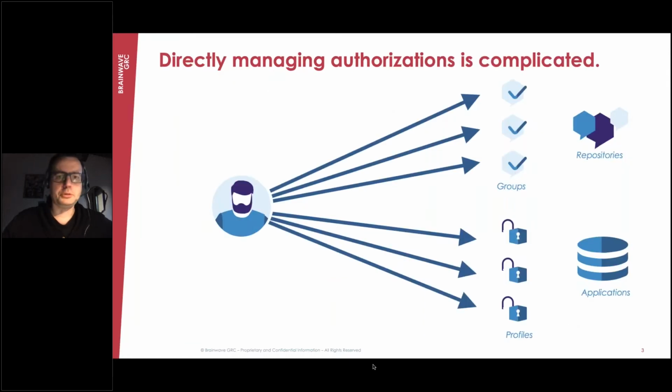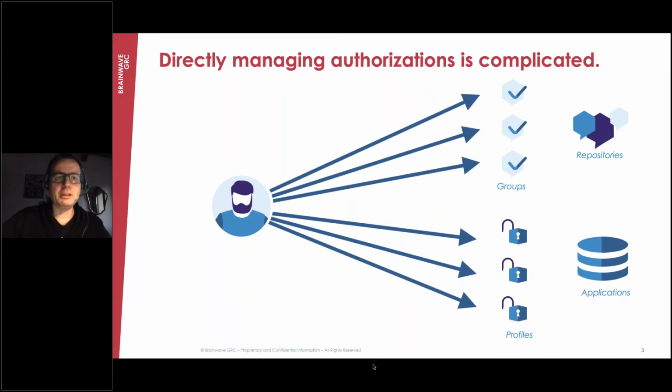Let's jump into the topic. You all know that when a user comes to an organization, you have to grant him or her access rights to be able to perform the job.